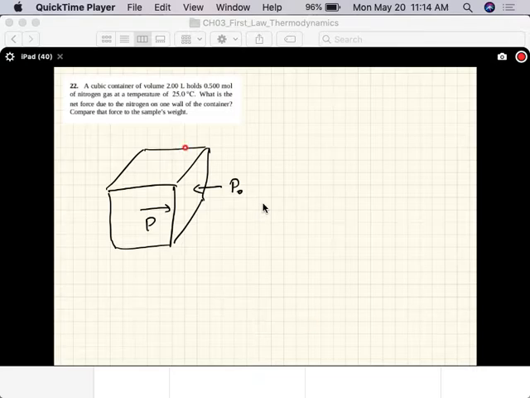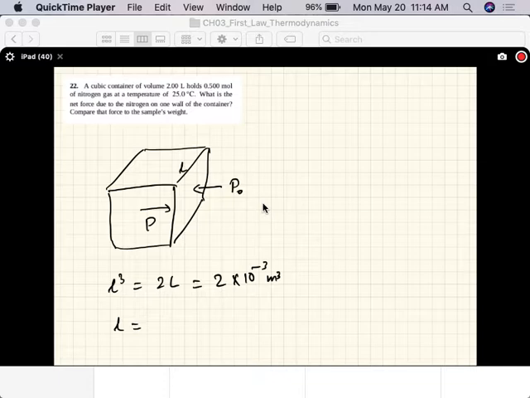All right. First, let's find the dimension. L cube is 2 liters. So L is, by the way, a liter is 10 to the minus 3 meter cube.